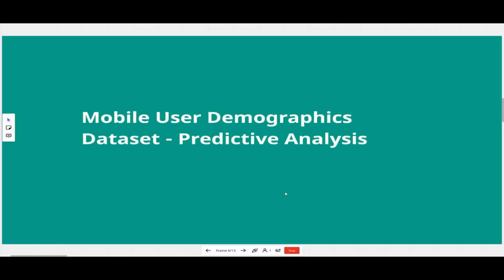So today in this series we are going to do predictive analysis on a mobile user demographic dataset. I have taken this dataset from Kaggle. The interesting part of this dataset is that it does not have many features. That is a real-time challenge, because sometimes you will not find many features when you have to do predictions, and you will see there are multiple sources of data.